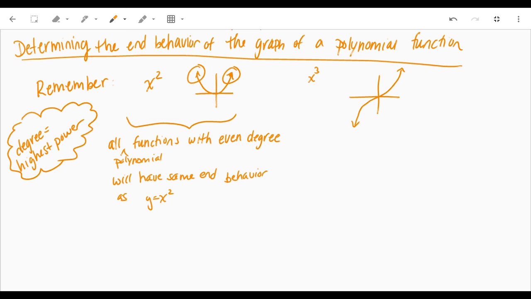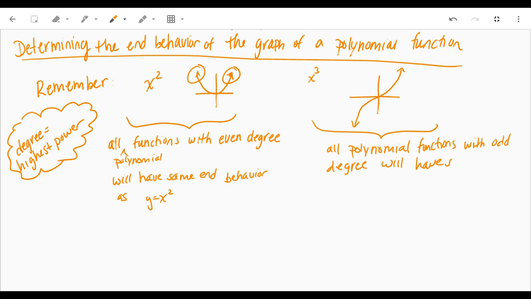Okay, and then here, all polynomial functions with odd degree will have the same end behavior as y equals x cubed.